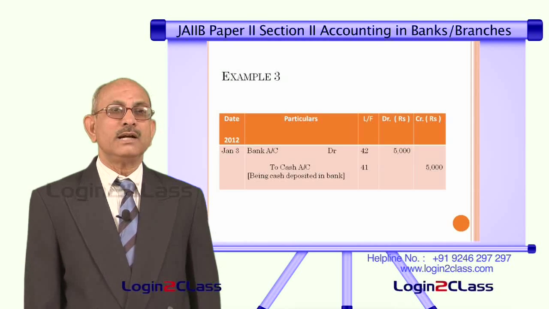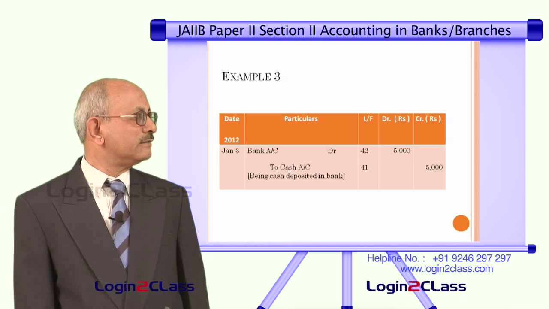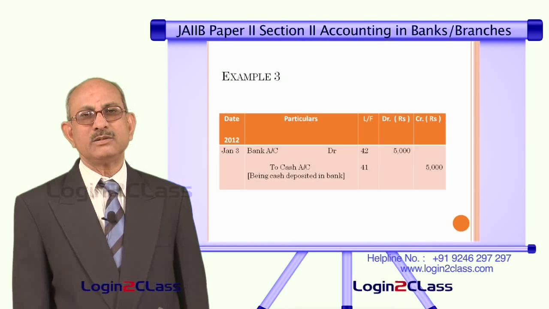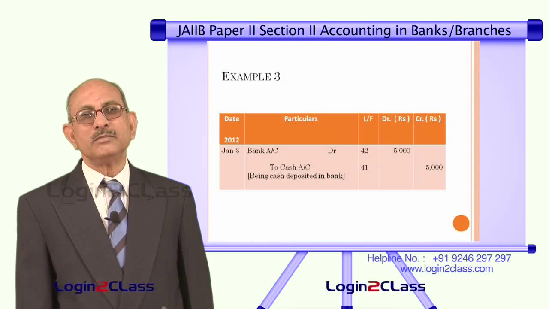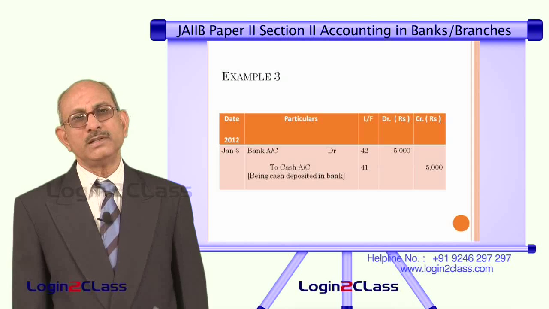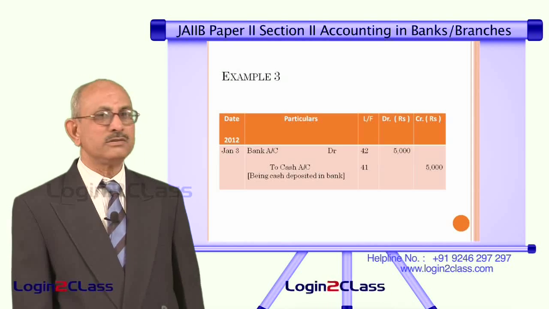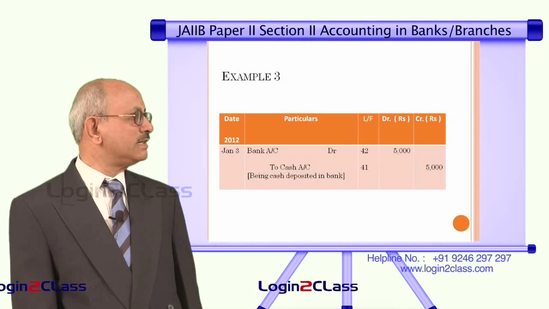Therefore, under the particulars column you write to bank account debit 5,000 rupees and cash account credit 5,000 rupees. Under the narration you say cash deposited in the bank or bank account opened with a deposit of rupees 5,000. So identify what type of transaction it relates to.